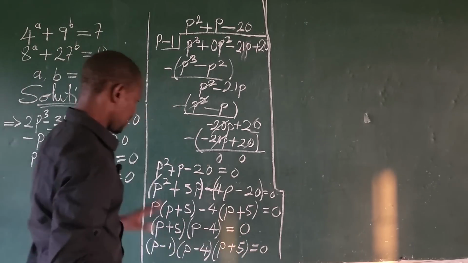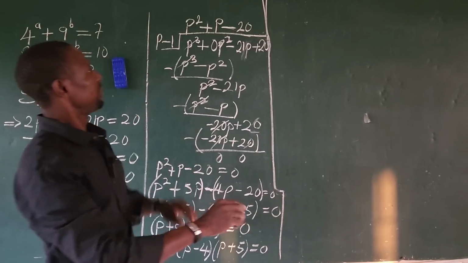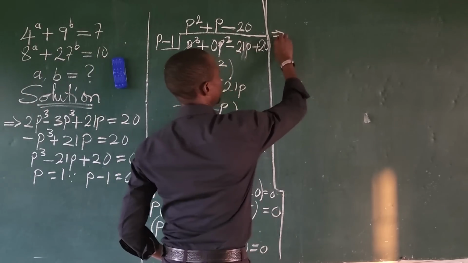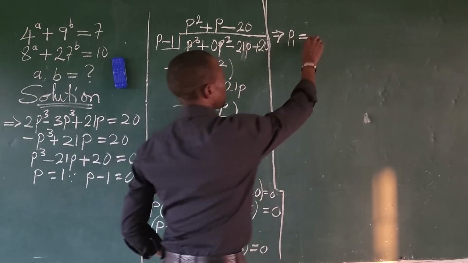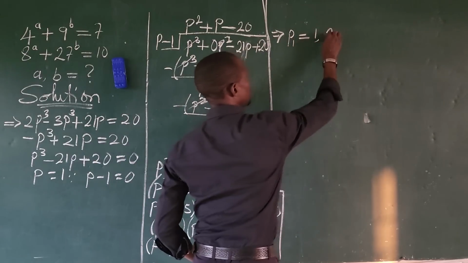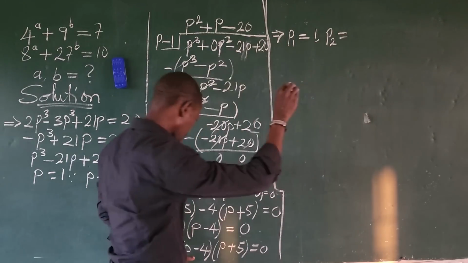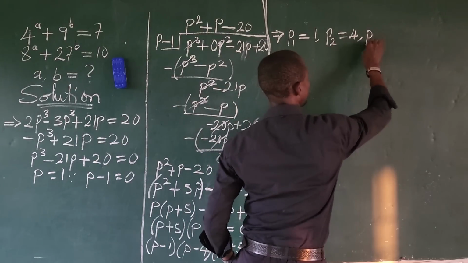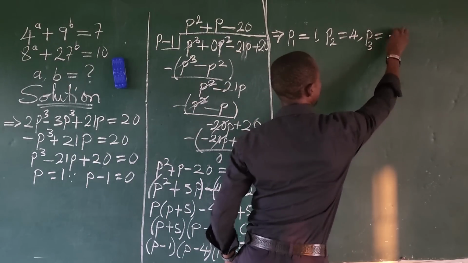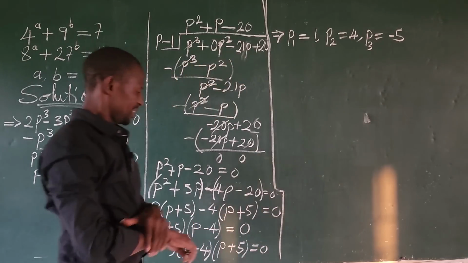So from here, this now implies that our P1 is equal to positive 1, P2 is equal to positive 4, and P3 is equal to negative 5.